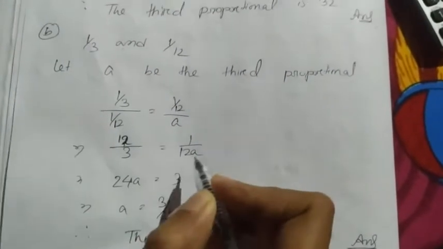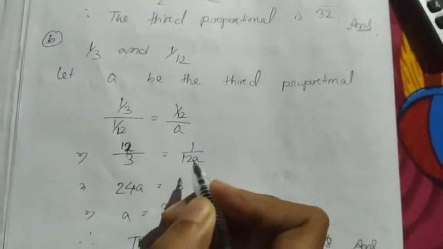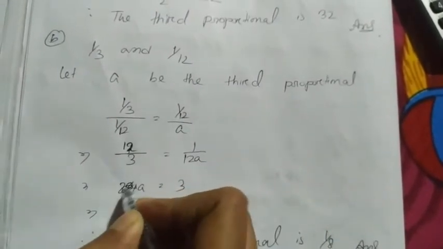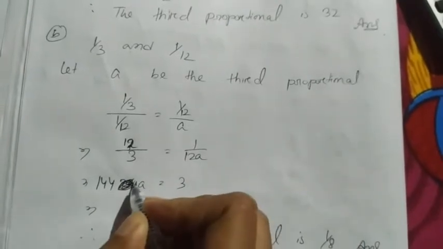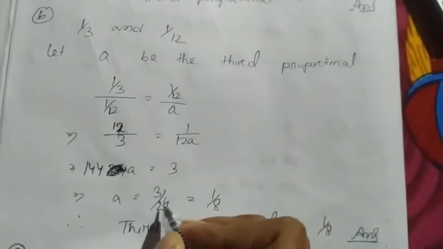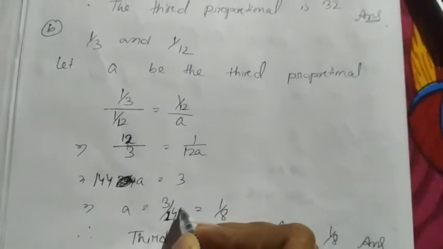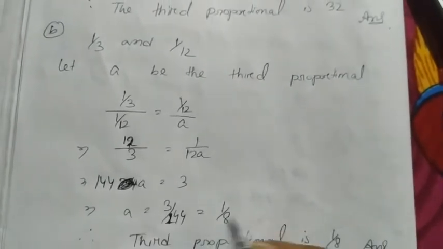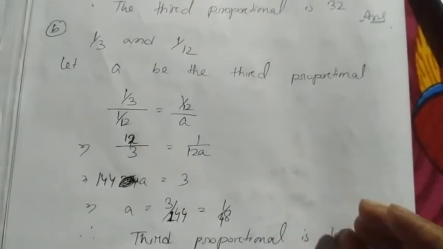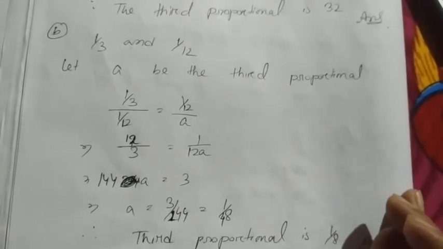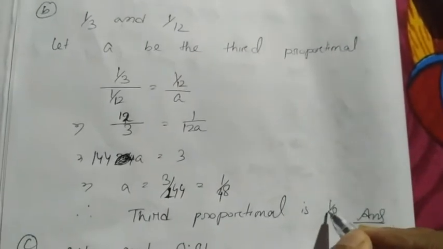So it is 12 into 12, so it will be 144, divided by 3. So 144 by 3 is 48. Yes, so it is 48.